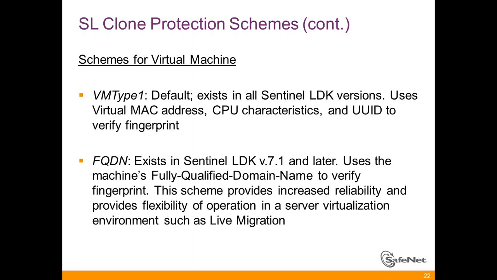But we have presented, starting from LDK 7.1, another option, which is called FQDN, once again, the fully qualified domain name. And this allows more reliability when you use virtual environments such as live migration. I will talk about live migration in another session. So any ISV can use FQDN if it meets his requirements.